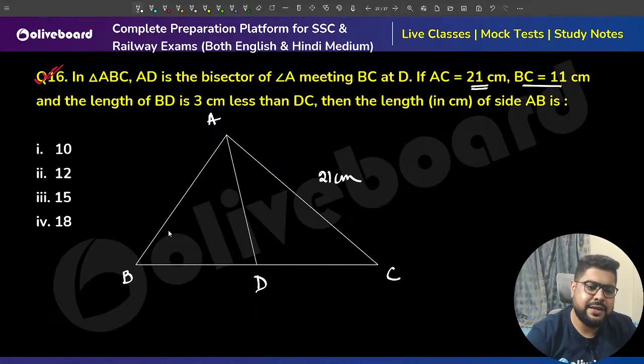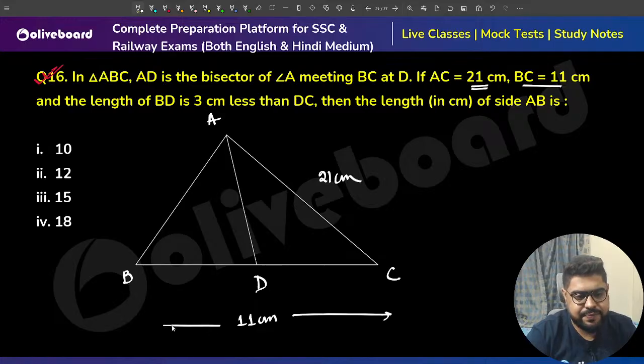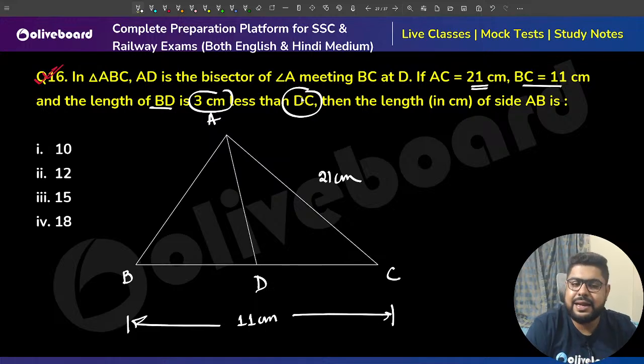BC is 11, meaning the total is 11. The length of BD is 3 centimeters less than DC. So if CD is X, then BD is X minus 3.